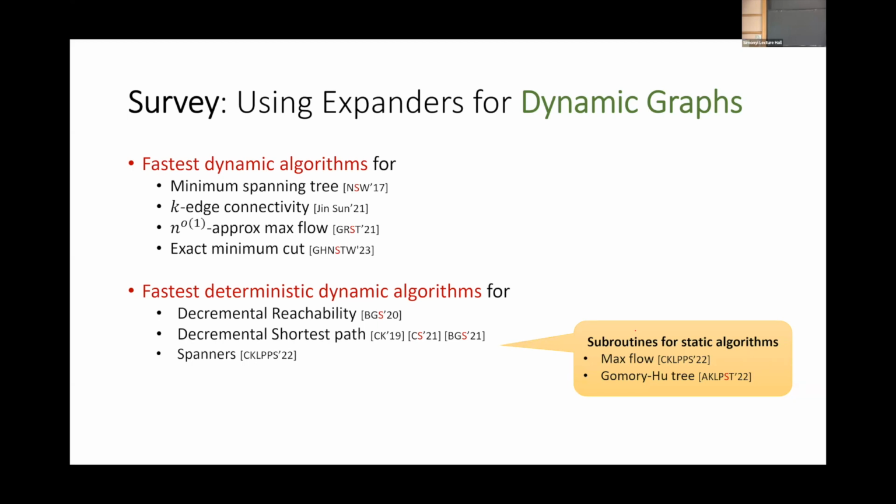That is, they use it to get the near linear time max flow. That is a nice algorithm, and it is based on dynamic algorithms which use expanders. And everything I list here uses expander pruning. So we will at least see what expander pruning is today.